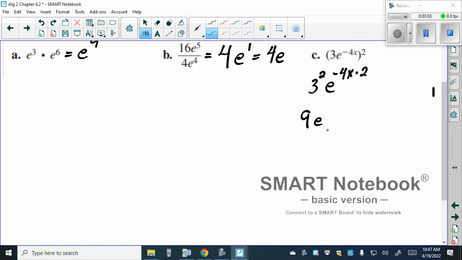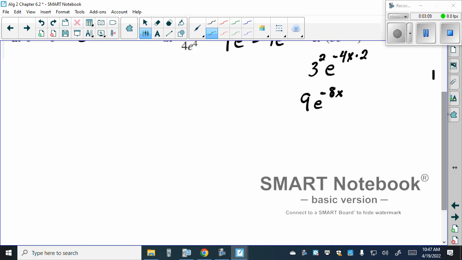Negative 4x times 2 is negative 8x. But we can't leave exponents negative, so to make it positive, we move it from the numerator to the denominator. And we get this here.